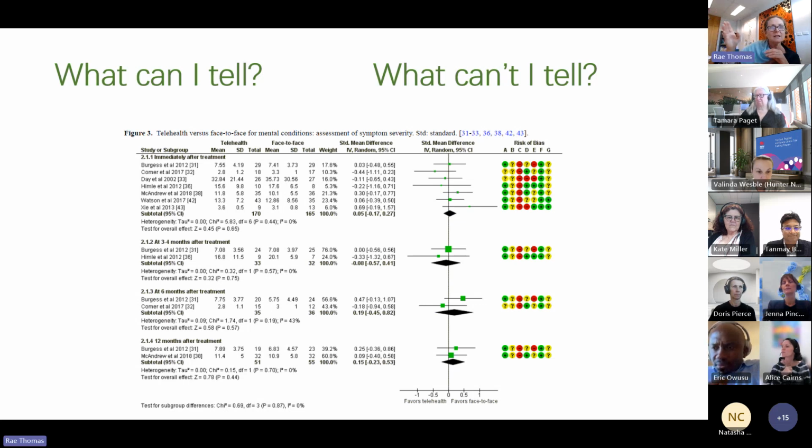But the diamond means that for this group of studies, so that's 2, 4, 6, 7 in the top group, this is the pooled effect of those 7 studies. The middle of that diamond, if you look to the numbers on the left-hand side, is 0.05.